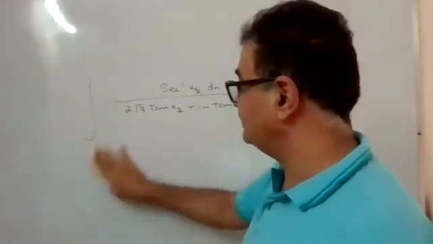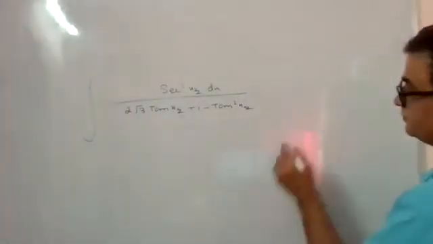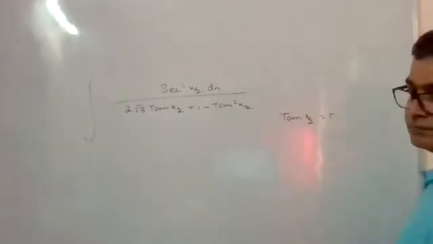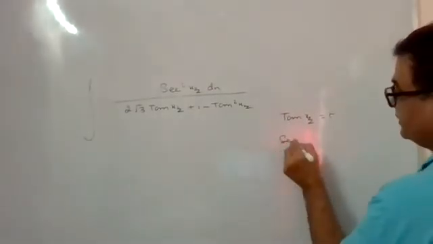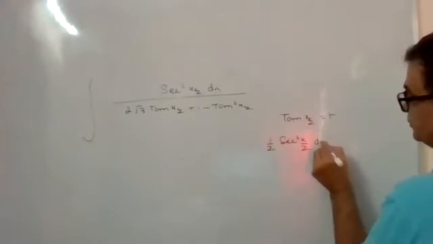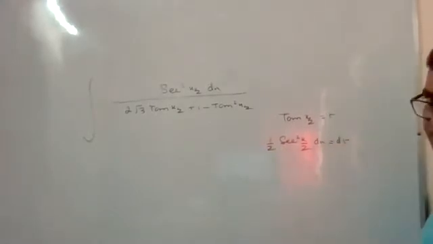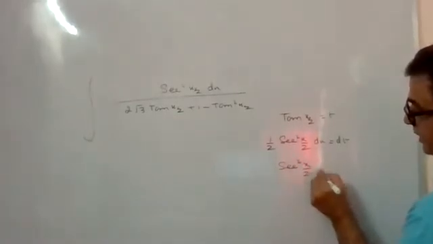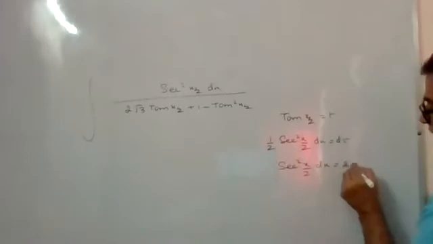Then we'll take tan x by 2 as t. So sec square x by 2 times half dx is dt. Or I should say sec square x by 2 dx will be twice of dt.